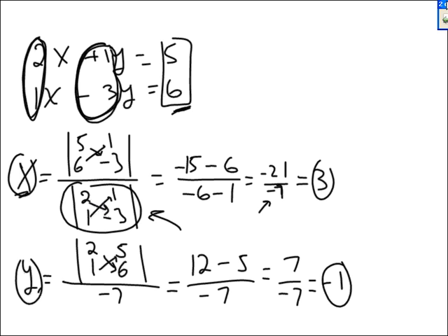Sorry. It can be inconsistent or dependent. Yes, of course, it can be either or. It doesn't use the right-hand numbers.